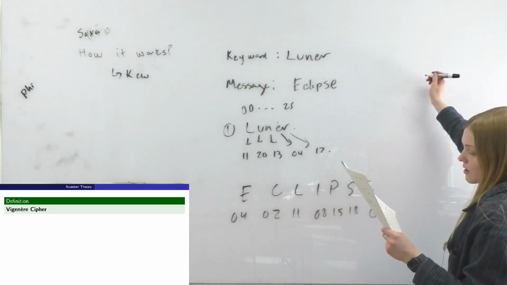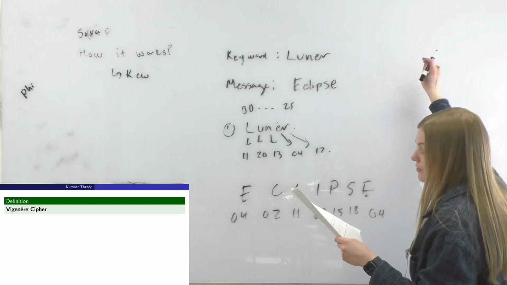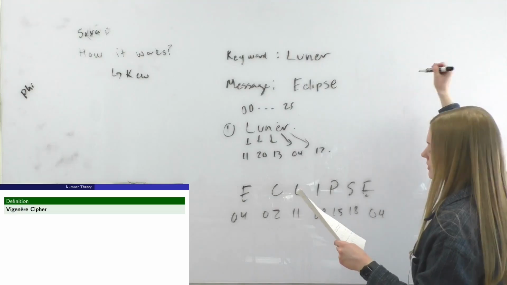Then we're going to arrange the repetitions of the numerical sequence of lunar below the numerical plaintext eclipse sequence.